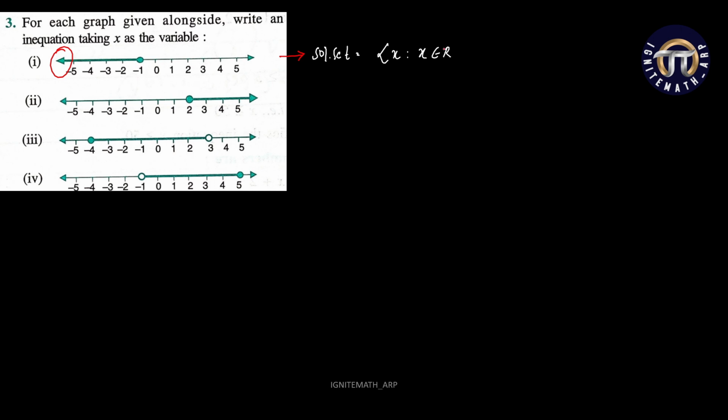So I can just write such that x is smaller than or equal to minus 1. That is your solution set for the given number line. Why have I written smaller than or equal to? Because if you observe, the circle drawn on minus 1 is darkened. That's why I have written smaller than or equal to.